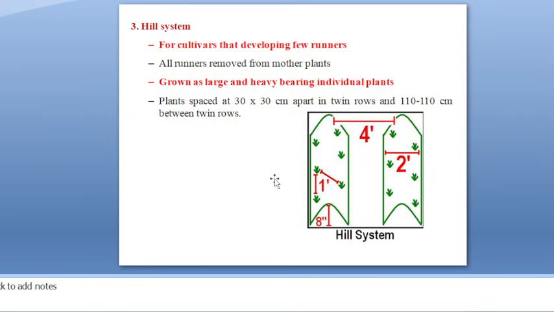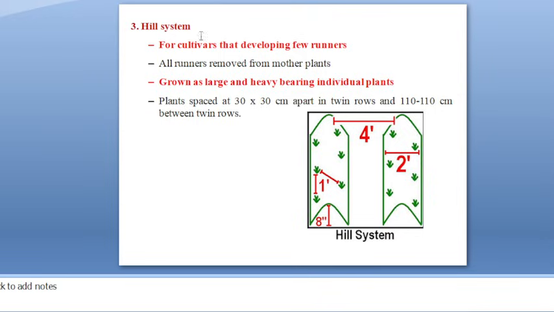Next is the hill system of planting. This can be used for the cultivars which produce only a few runners, where the planting material availability is very less. Here we plant a single plant, and that plant alone is allowed to grow. Normally 30 by 30 centimeter spacing is used, and between the beds 110 centimeter or 1 meter distance will be there.